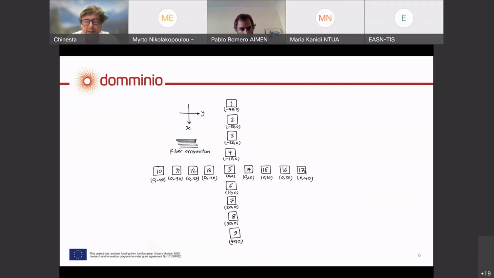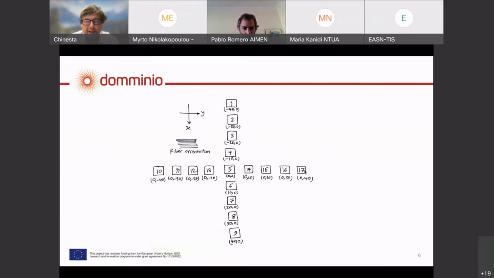So for each sheet in the top and the bottom, we are making measurements at 17 positions in a small part in order to extract from them the profiles in the direction of the fibers and in the perpendicular direction. And this is something that today is already done, and we are making the analysis of the data.